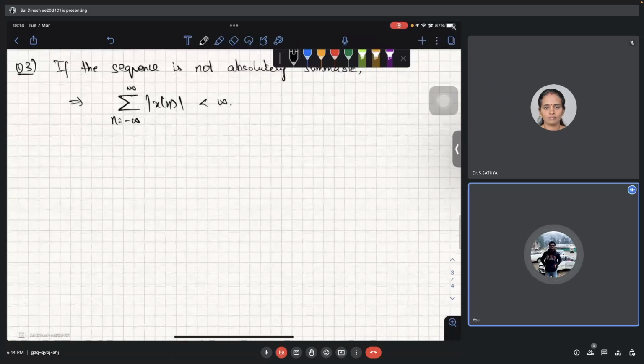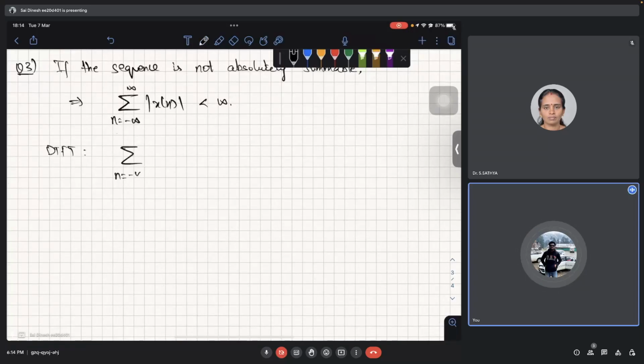But what is the DTFT? It is the summation for n equal to minus infinity to infinity of x of n e power minus j omega n, right? So check the condition.